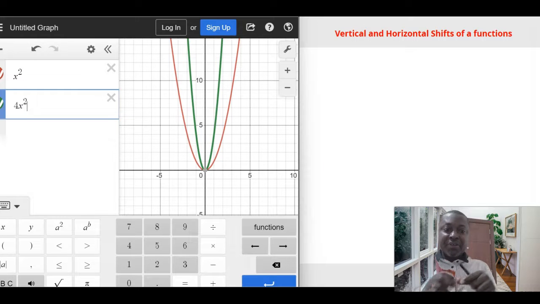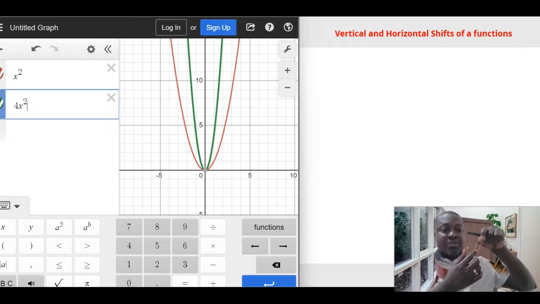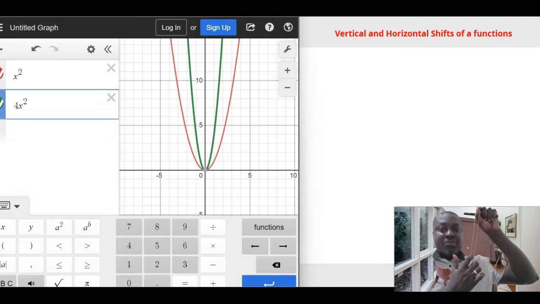If you have a string here, it's stretching vertically. So anytime this happens, we say it's a vertical stretch.